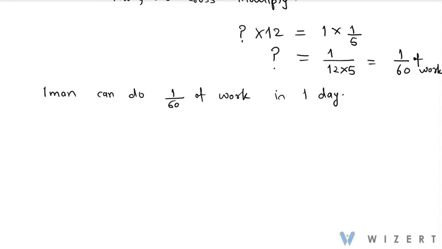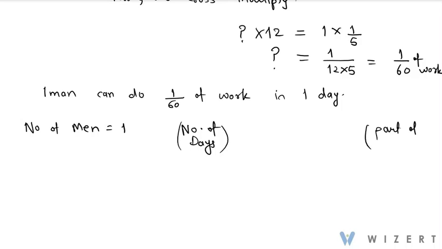So we have to find out for the same man, that is number of men equal to 1 is constant, number of days and part of work can vary. So this one man can do in one day 1/60th of the work.